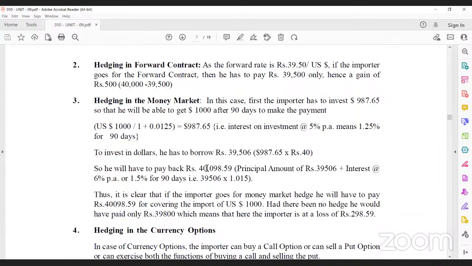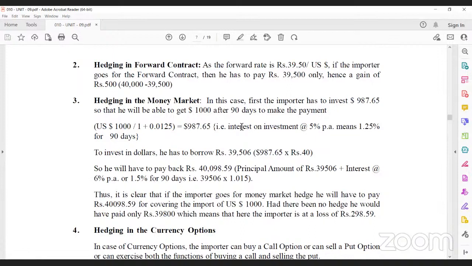Now, supposing there is a money market hedge, in this case, the importer will first invest $987.65, so that he will be able to get $1,000 after 90 days to make the payment. Interest on investment is at 5% per annum, which means 1.25% for 90 days.